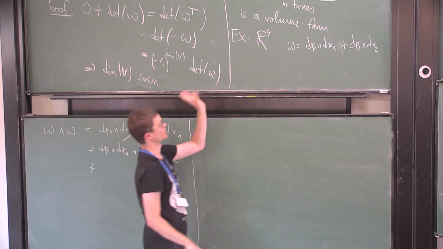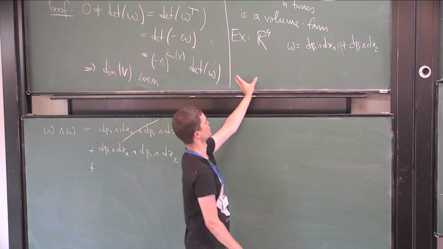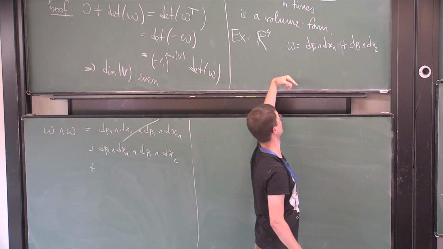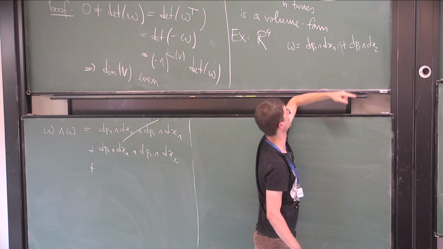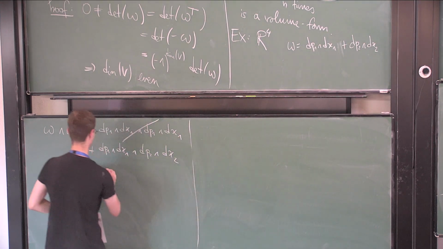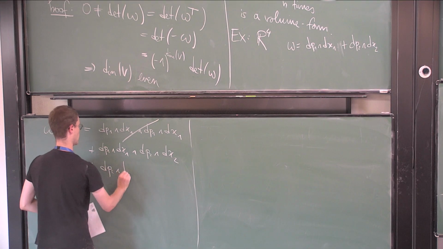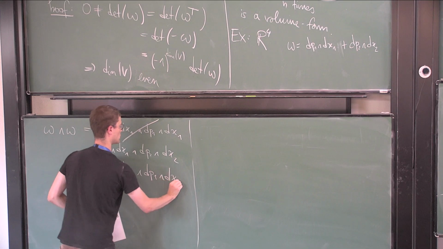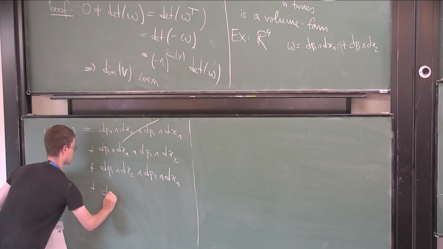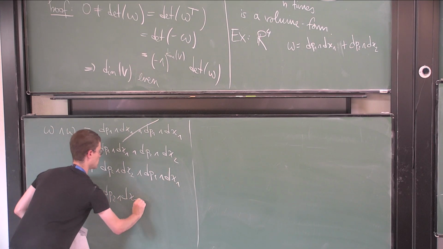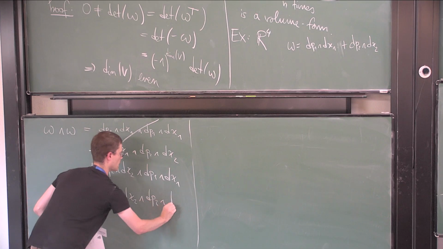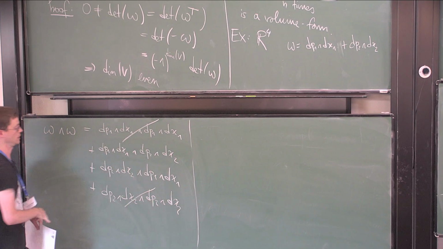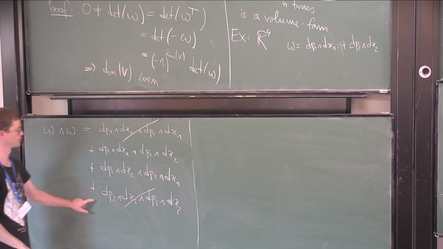There are two such terms: you take the first with the second, and the second with the first, so you get dp2 wedge dx2 wedge dp1 wedge dx1. And you get the last term, dp2 dx2 dp2 dx2, which again is 0 because we have the same coordinate twice.